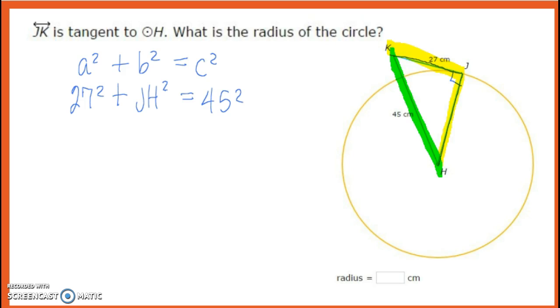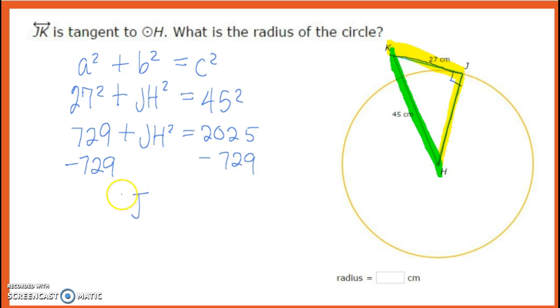So 27 squared is equal to 729 plus JH squared is equal to 45 squared, or 2025. So we want to get JH squared by itself. So to do that, we're going to subtract off 729.